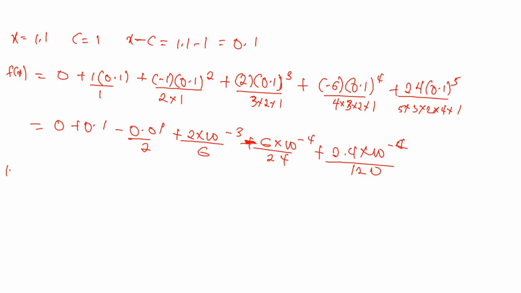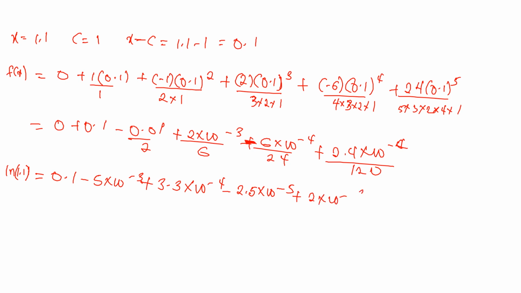So f of x, the natural log of 1.1, is going to be 0.1 minus 5 times 10 raised to the power of minus 3, plus 3.3 times 10 raised to the power of minus 4, minus 2.5 times 10 raised to the power of minus 5, plus 2 times 10 raised to the power of minus 6.